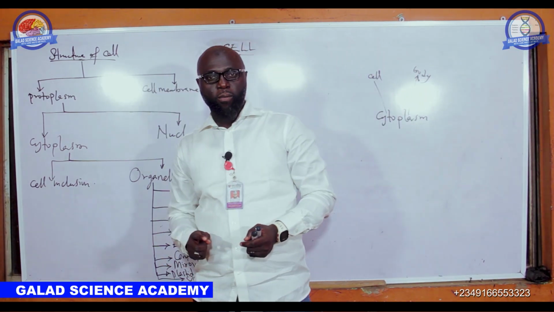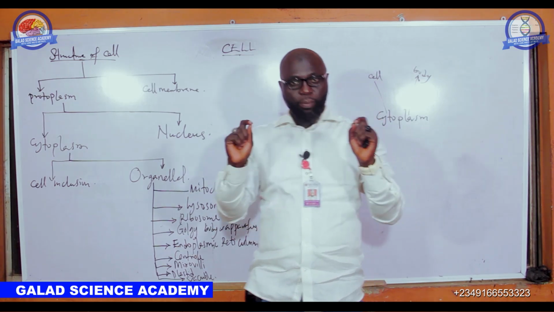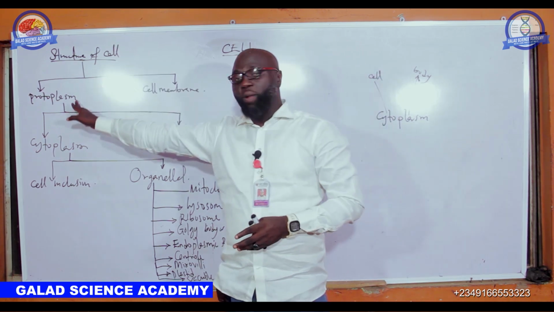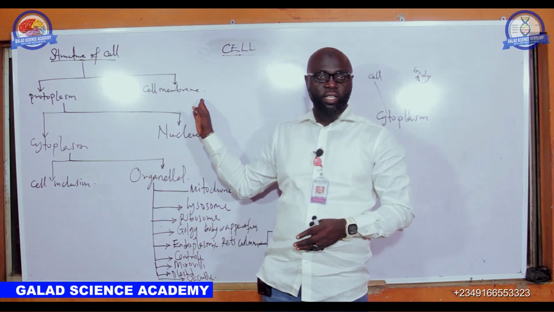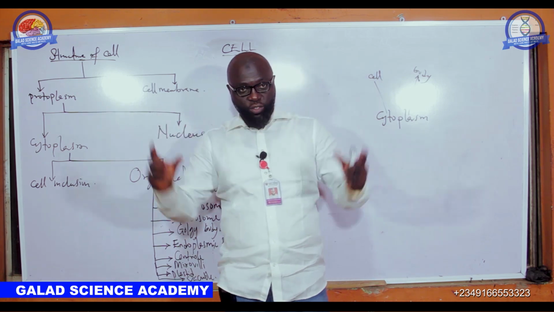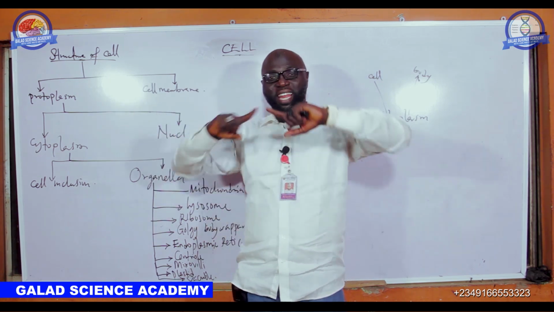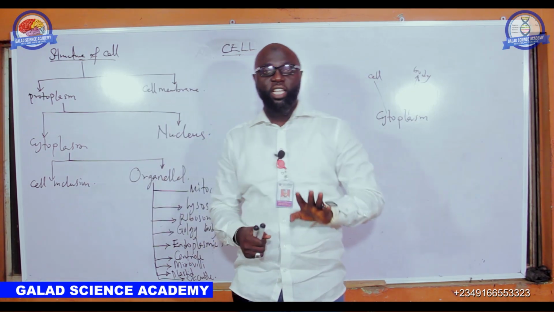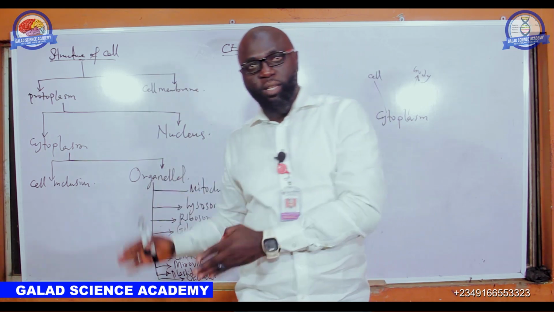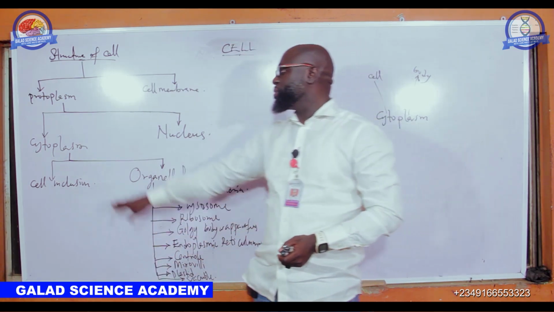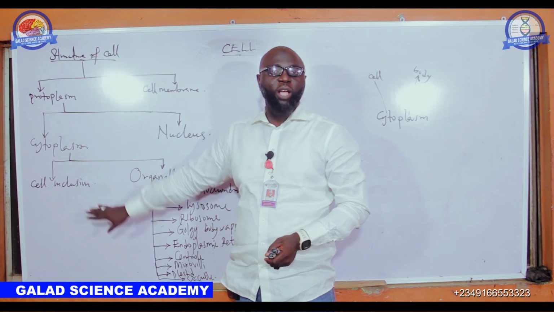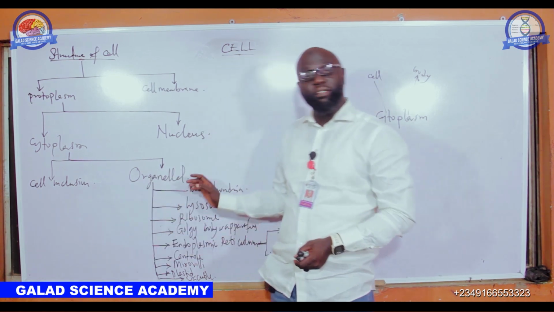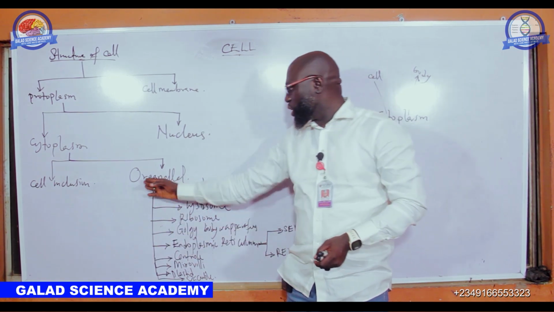Once again, a typical cell comprises two things, protoplasm and cell membrane. Protoplasm is the living component of the cell, whereas the cell membrane is a layer that surrounds the entire cell. The protoplasm is now divided into two, cytoplasm and the nucleus. Cytoplasm is the cell body, which comprises the non-living part of the cell, called cell inclusion, and the living component of the cell, which is organelle.